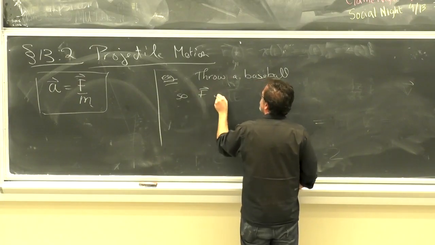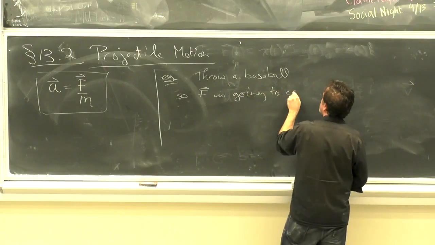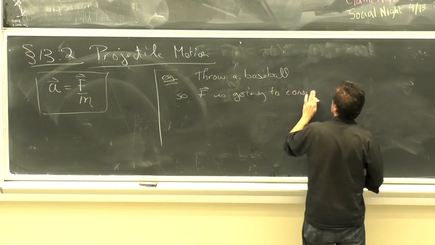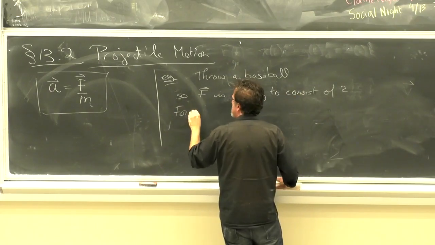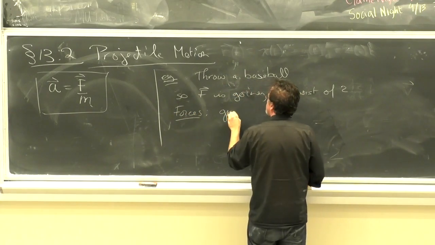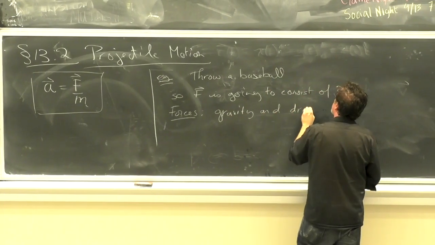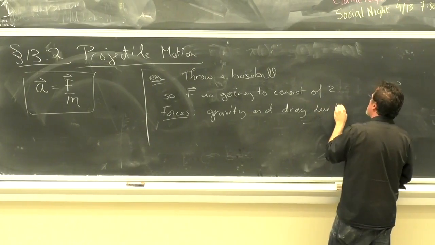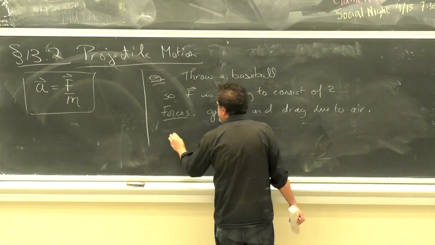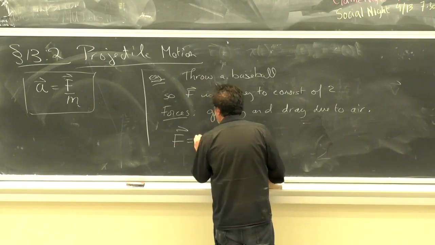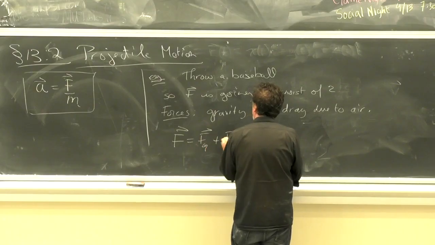F is going to consist of two forces: gravity and drag due to air. So what is F? F is F gravity, so let me call that Fg, plus Fd for drag.